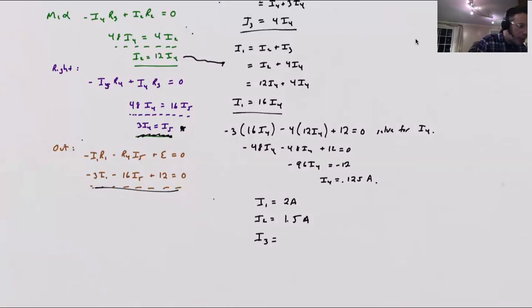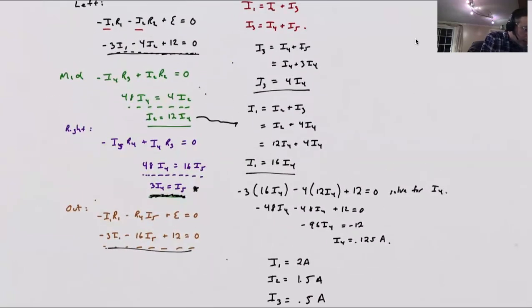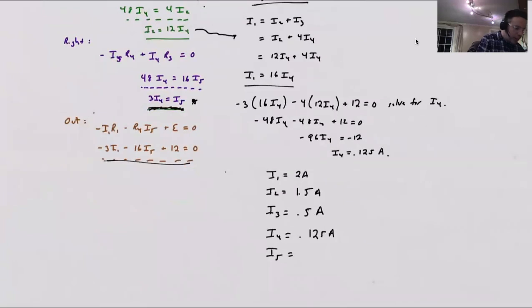I3 was 4 of those I4s, 0.5 amps. I4 is the one that we found, which lastly leaves us with I5, which we said was 3 of them. So this is 0.375 amps.